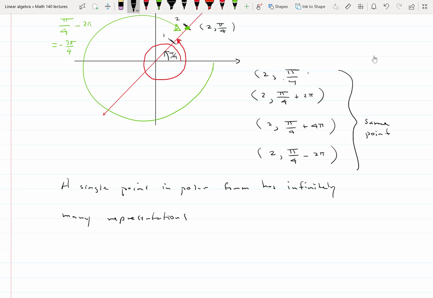If you consider our planet moving around the sun, our planet moves around the sun in an approximately circular orbit. It's really elliptical. And every year our planet sweeps out an angle of 2 pi.